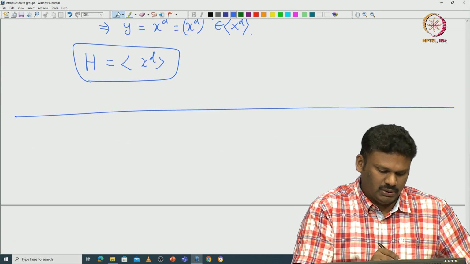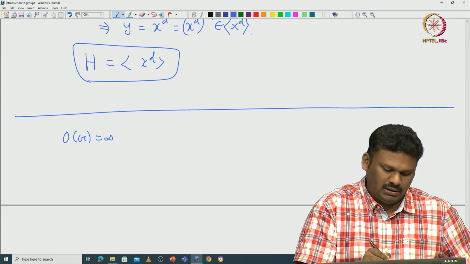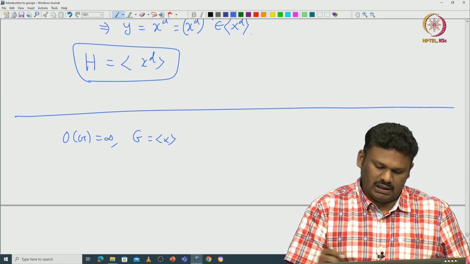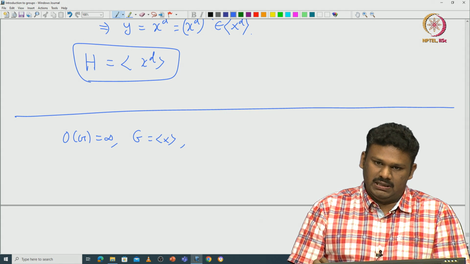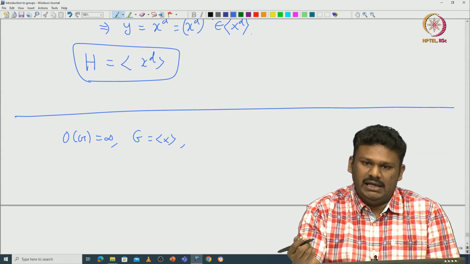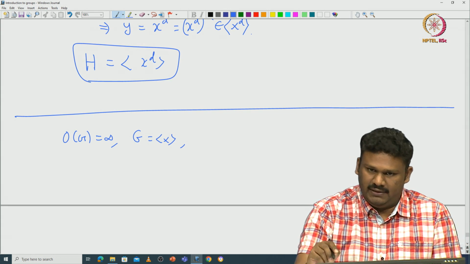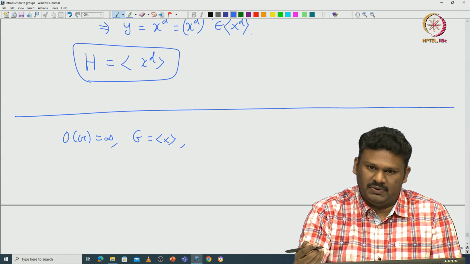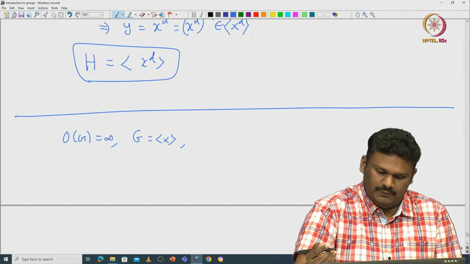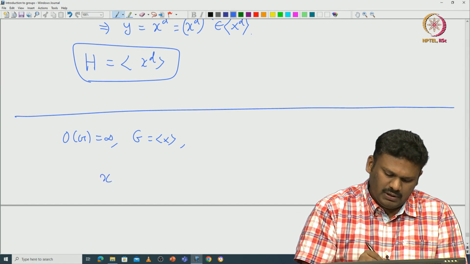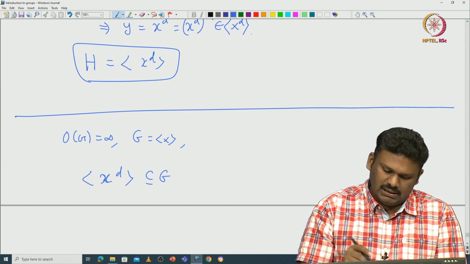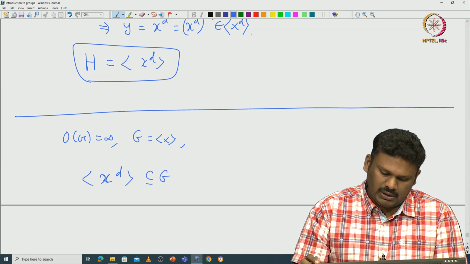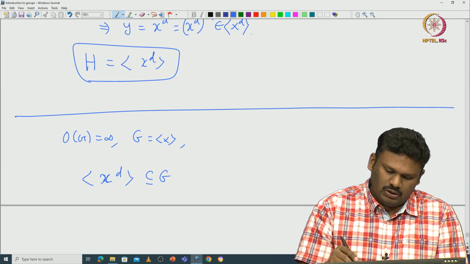If the order of G is infinite and G is generated by x, then G is isomorphic to Z. In particular, given any integer D, you can look at x power D, the subgroup generated by x power D. That will be a subgroup of G, and it is isomorphic to DZ. So this is a somewhat unique association.